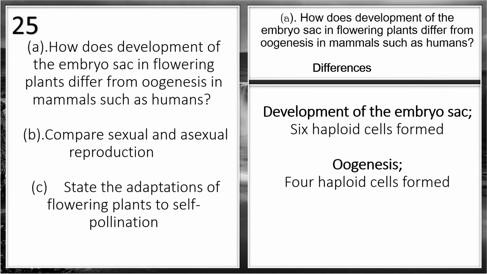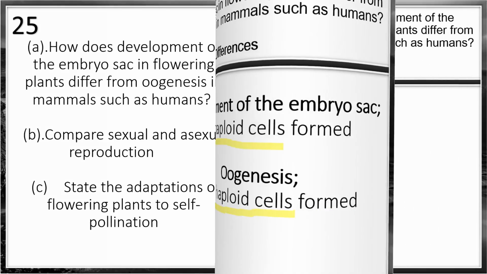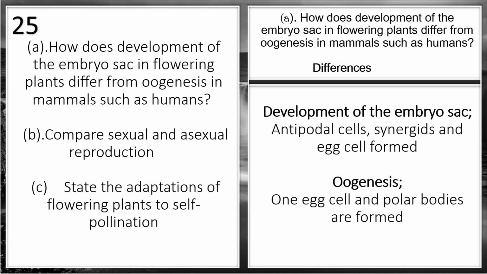Embryo sac, 6 haploid cells are formed. Oogenesis, 4 haploid cells are formed. Embryo sac, antipodal cells, synergids, and egg cells are formed.